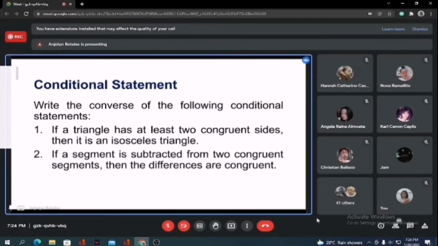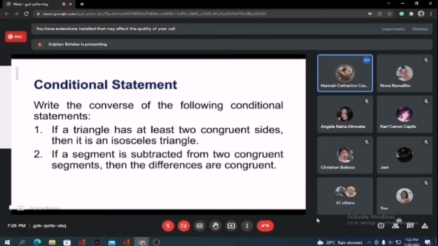If a segment is subtracted from two congruent segments, then the differences are congruent. Who would like to answer? If the differences are congruent, then a segment is subtracted from two congruent segments.